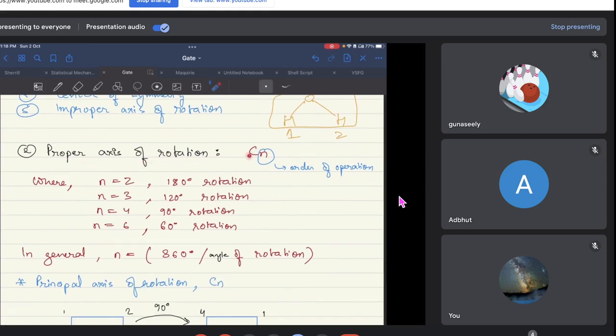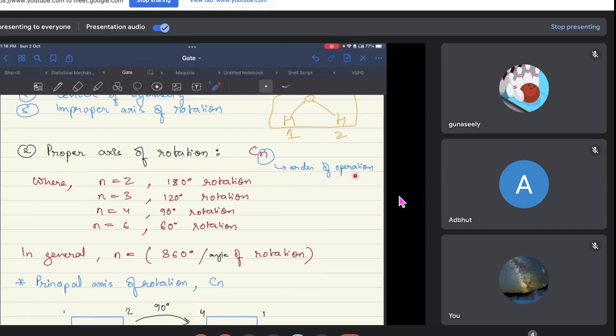This is denoted as capital C, with a small n in the suffix, where n is nothing but the order of the operation. Now we know the symmetry element here is an axis, correct? And the operation that we are doing is called rotation.